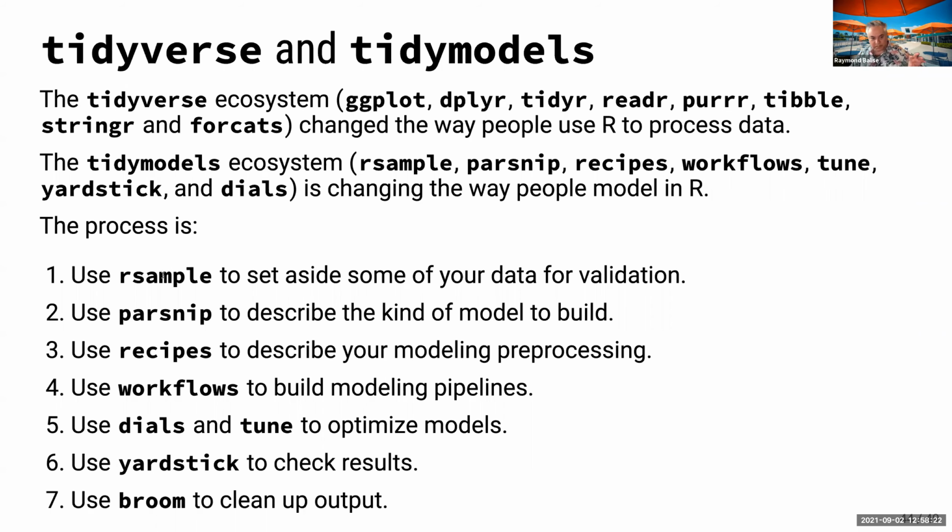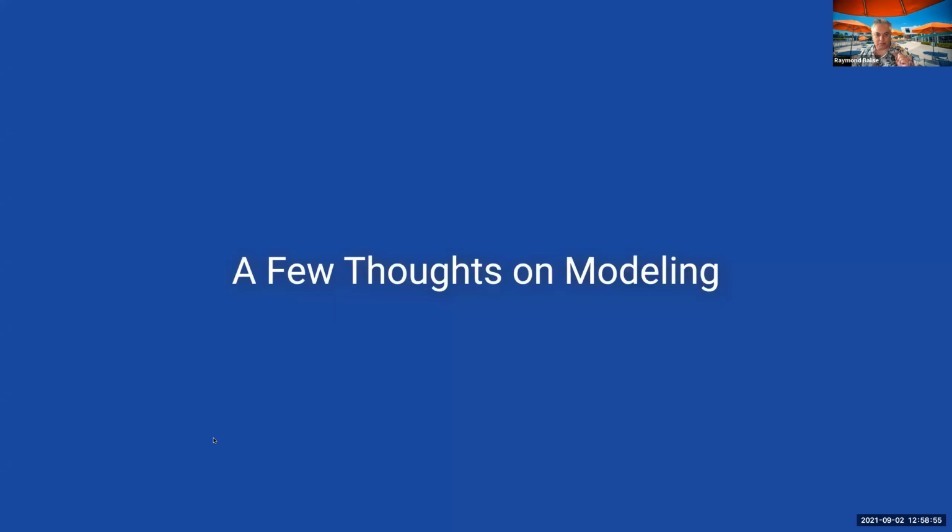So pulling out subsets, specifying a model, doing the actual recipe for pre-processing the data, building a workflow to link things together, tuning to come up with what was the right amount of penalty to put in that CART tree, and yardstick for getting information back on the quality of your models. And then Broom for taking chaotic looking or inconsistent looking text output from our modeling, and having it always come back into a table like these tables I was showing you here.